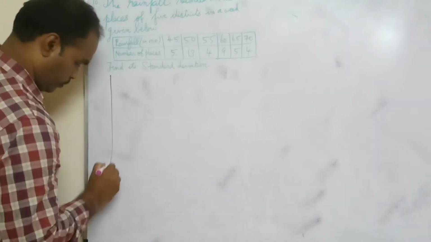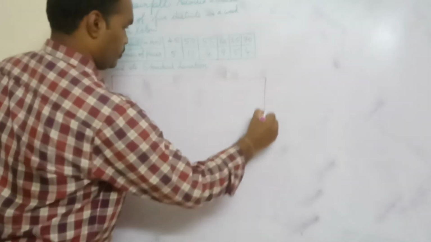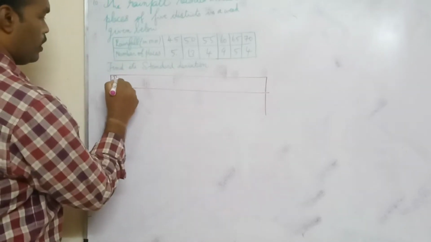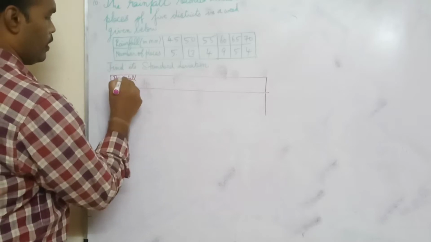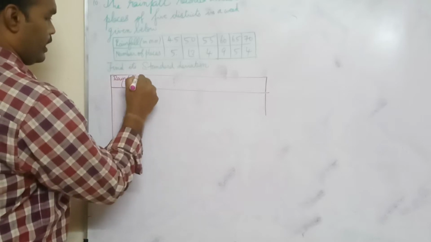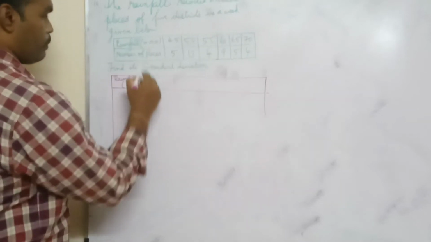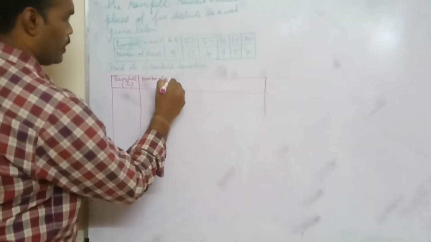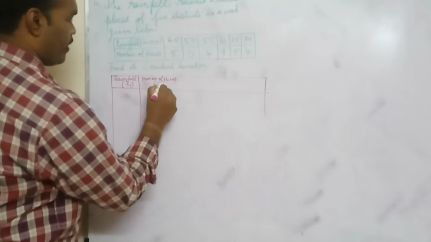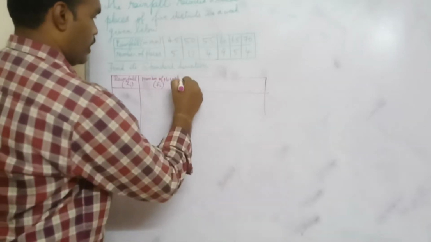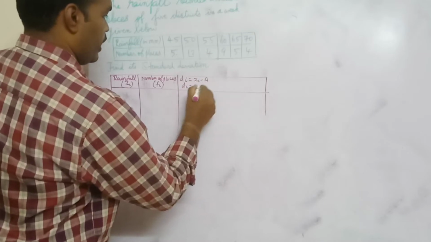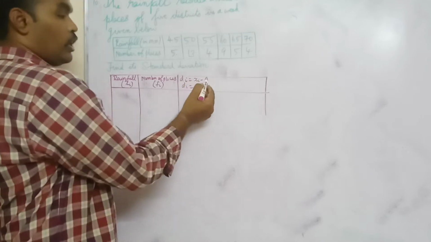So for finding the standard deviation, we make a table: rainfall xi, number of places fi, di equal to xi minus A, where A is the assumed mean.